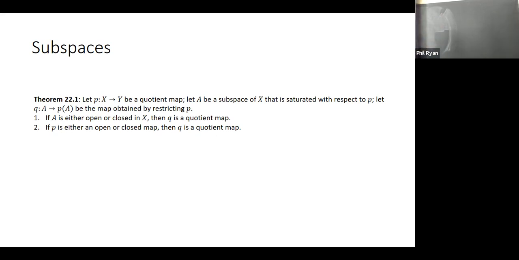So just because you have a quotient space and you have a subspace that's saturated with respect to the quotient map, which basically says the subspace is compatible with the quotient map, you don't necessarily get a quotient map by restricting the quotient map to that subspace.